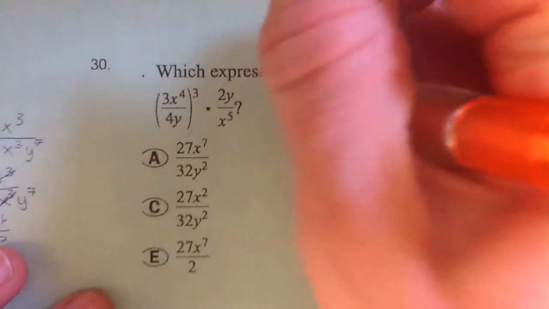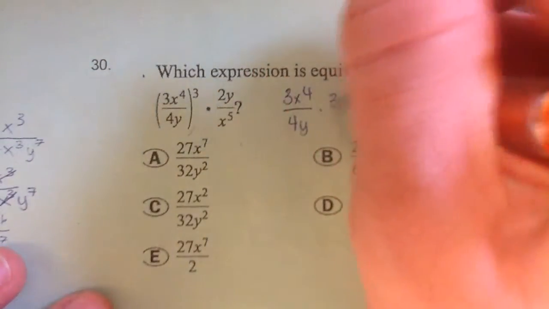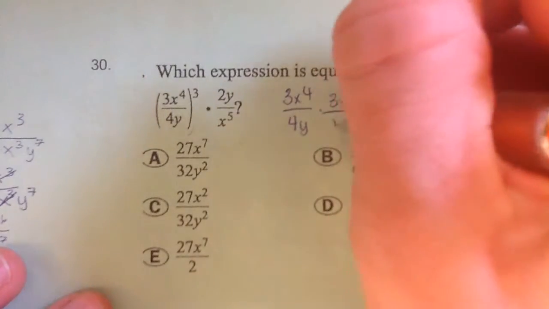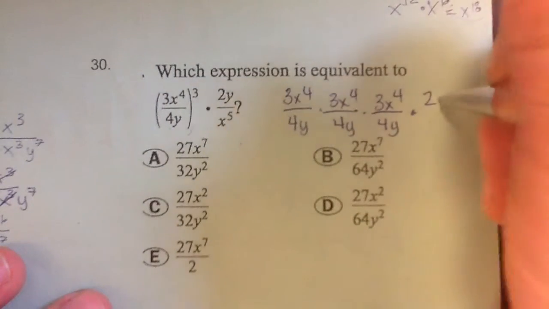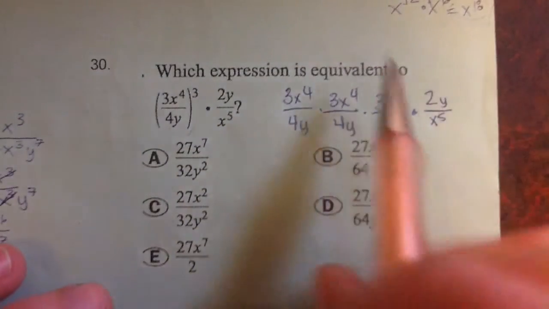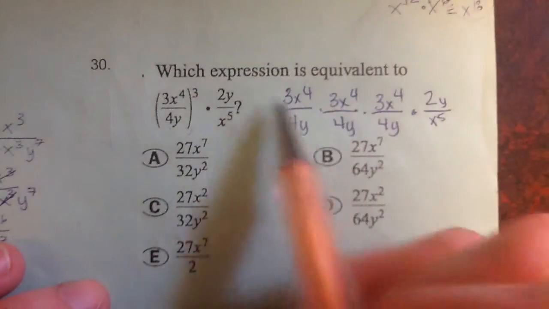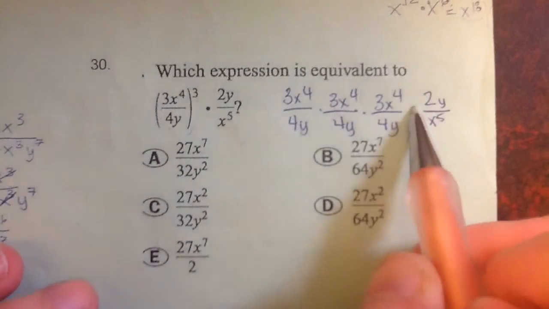If I did that, 3x to the 4th over 4y times 3x to the 4th over 4y times 3x to the 4th over 4y. And then I need to also multiply it times 2y over x to the 5th. Okay, so basically I'm just trying to figure out what all this is equal to. Well, if I look at the top, I end up with 3 times 3 times 3 times 2.